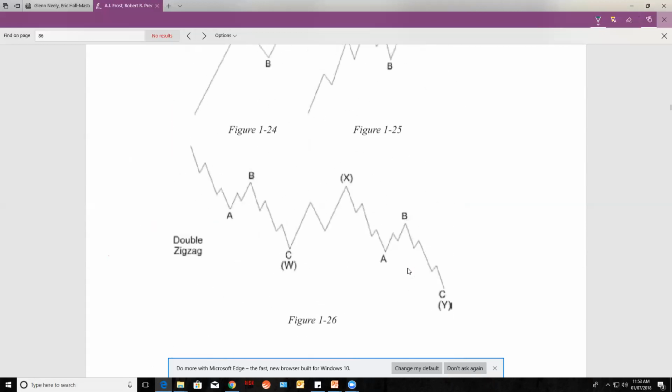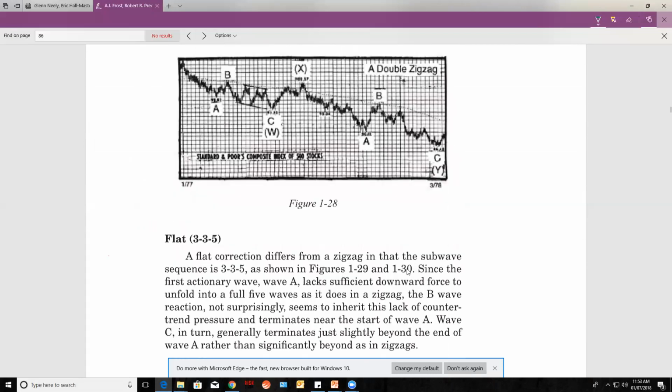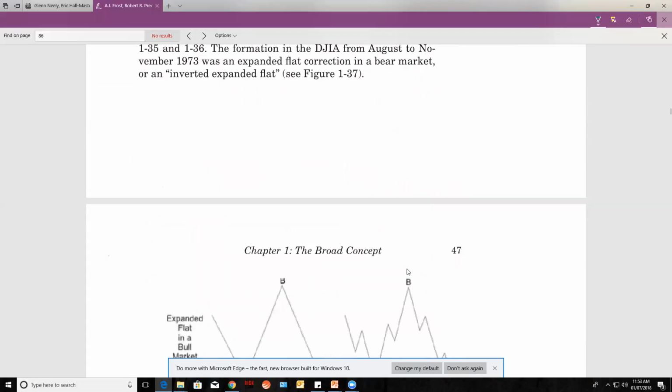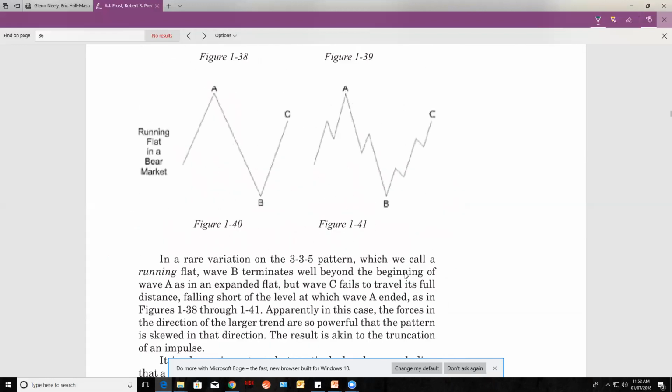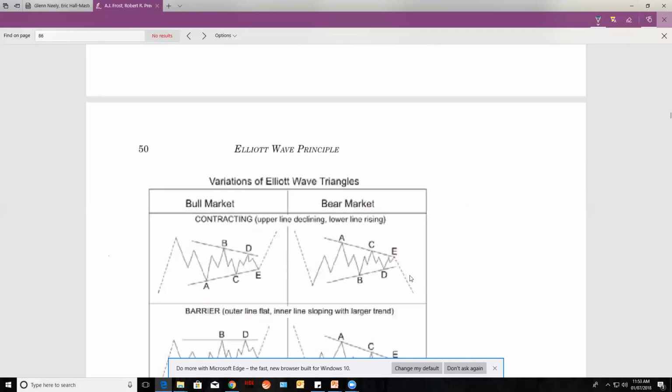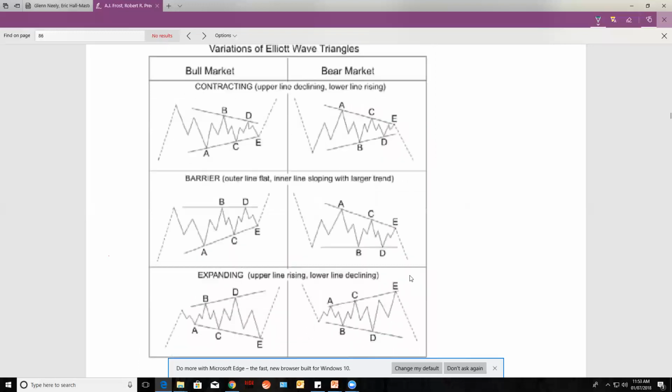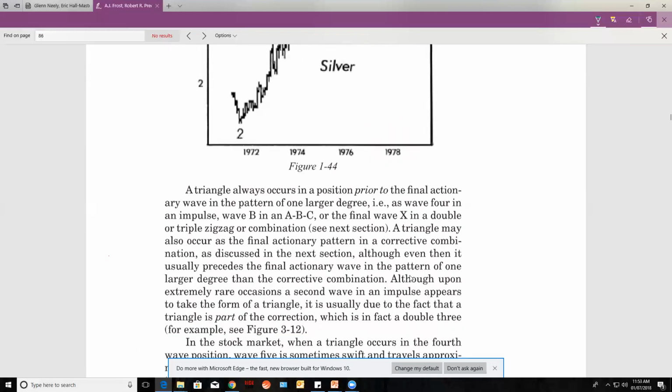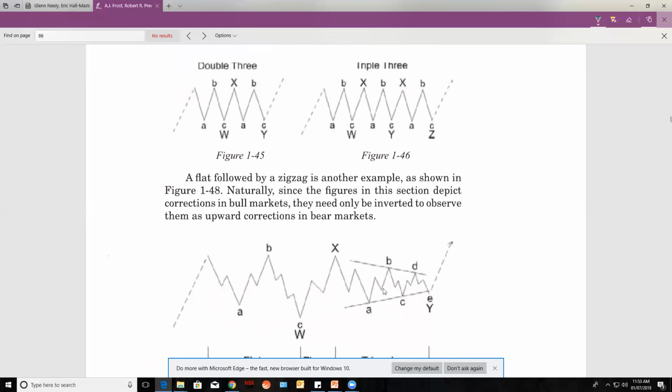So now, at least to clear everyone up to now, what is the truncation, what is the ending diagonal, what is the leading diagonal, and what are the rules for impulse waves? You got it? So what is the rule for impulse waves?